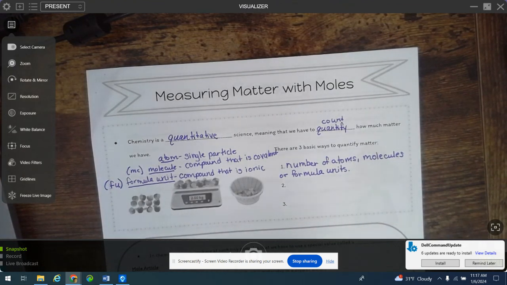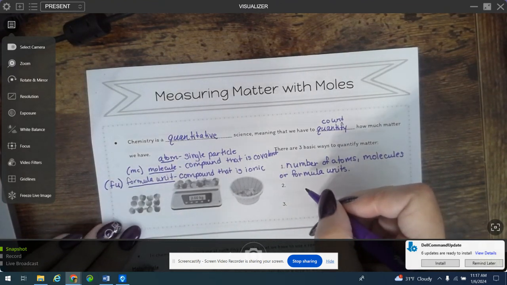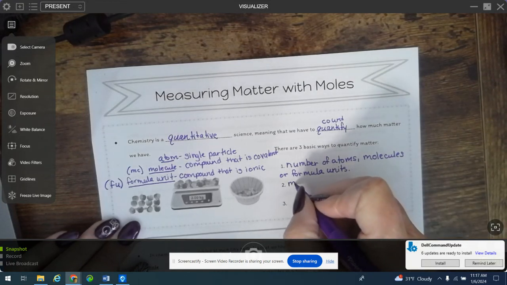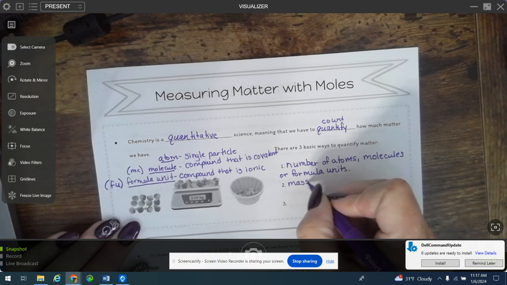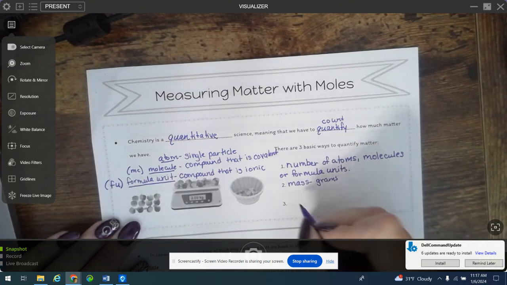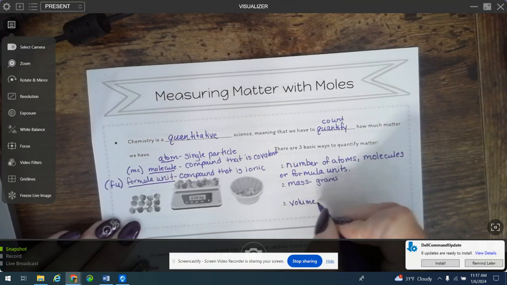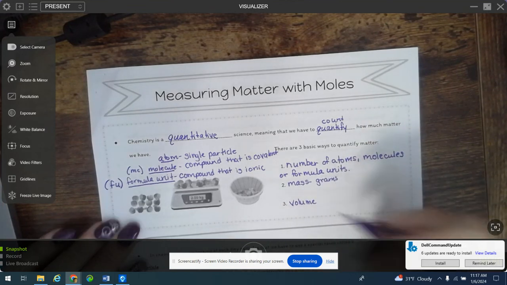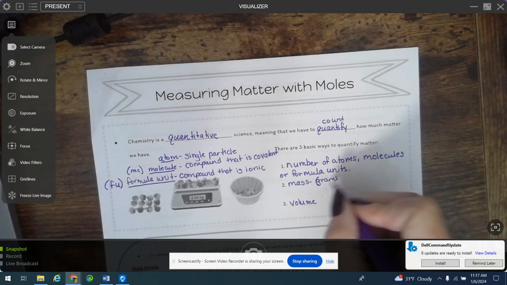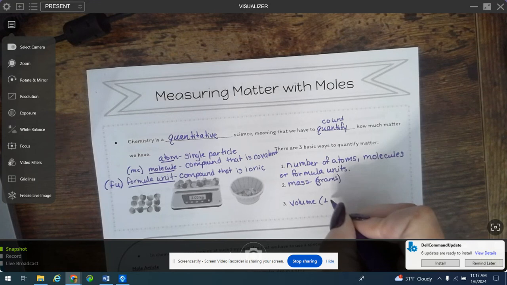All right. Now, the second way that we can quantify matter is in terms of mass, and mass is measured in grams. And then finally, we can count matter in terms of volume. Okay, and volume typically what we'll see is liters.